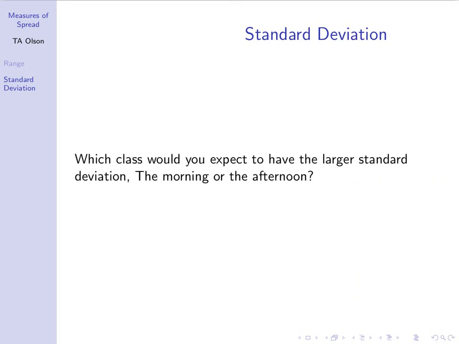So just knowing those 2 facts, which class, the morning class or the afternoon class, would you think would have the higher standard deviation? Which one has more spread out data? Hit pause, think about it, and then we'll show you the process of how to do this next.